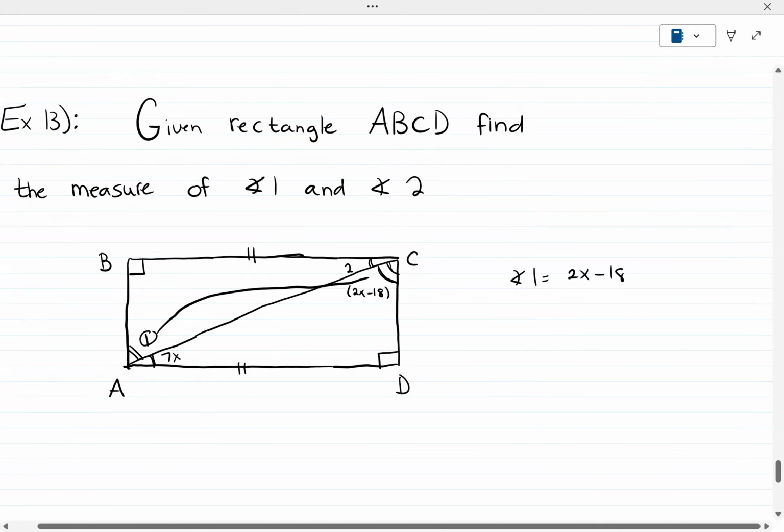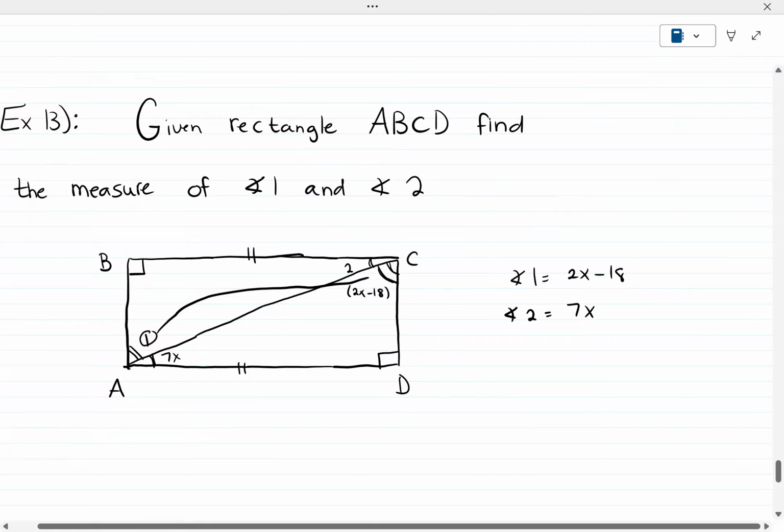So you could say angle 1 is equal to 2x minus 18, and then we can also say that angle 2 is congruent to 7x. And we also said that because this is a rectangle, if you add up angle 1 plus angle 2, it is going to equal 90.